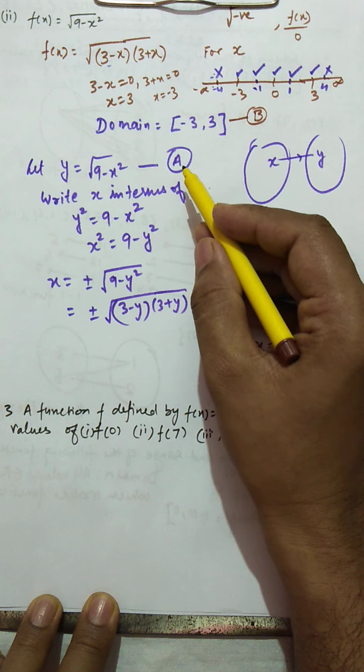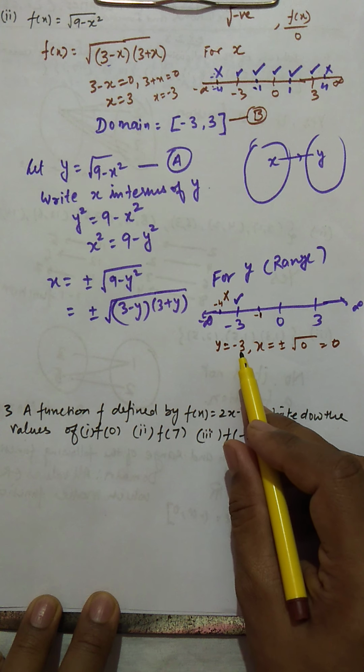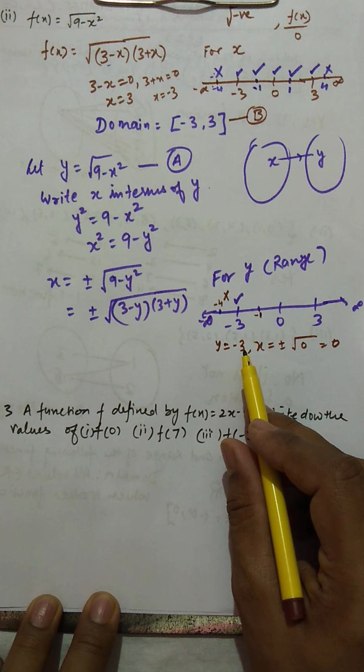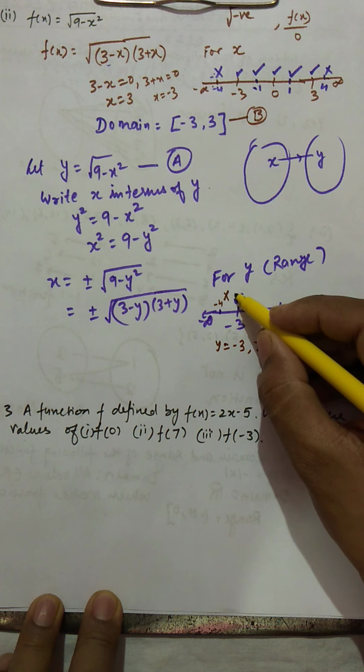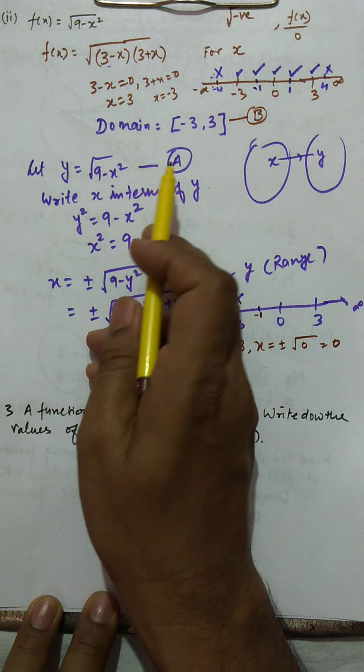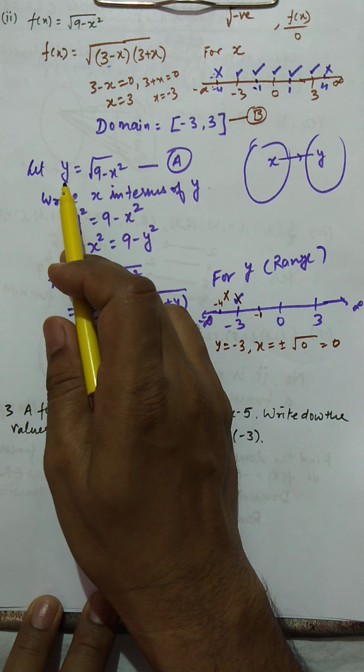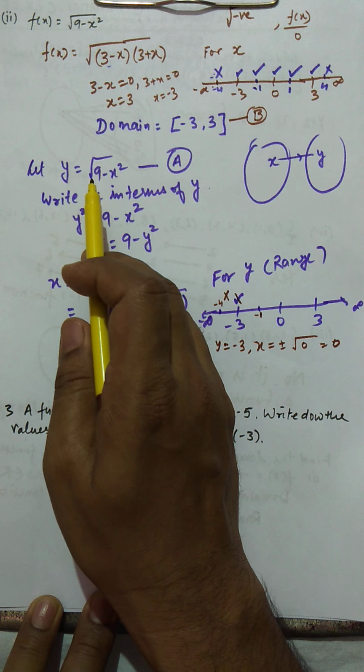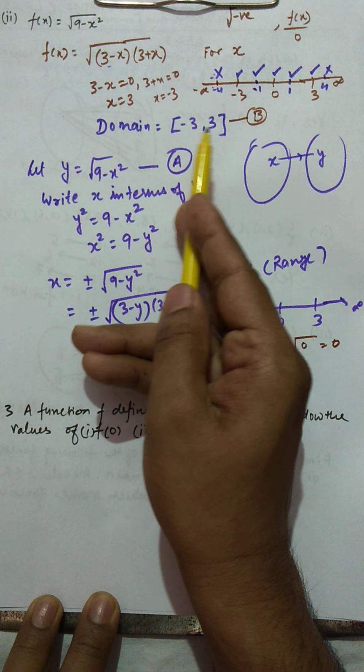So at this step also you have to verify whether y equal to -3 is fine or not. I found that y equal to -3 is not okay, because again in equation A, y cannot be negative for any value of x belonging to this domain.